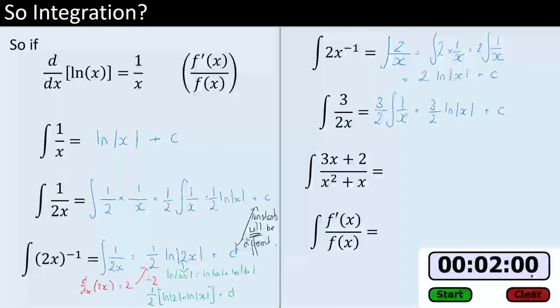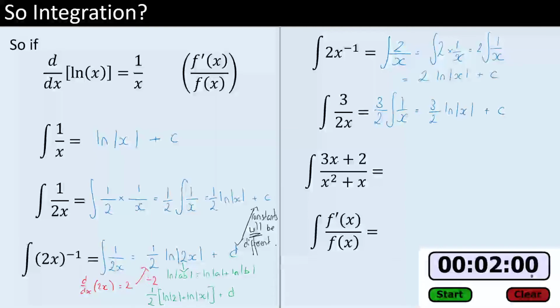Now, we will need to check really carefully that we have a numerator that is the derivative of the denominator of the fraction. So let's look carefully at this one.